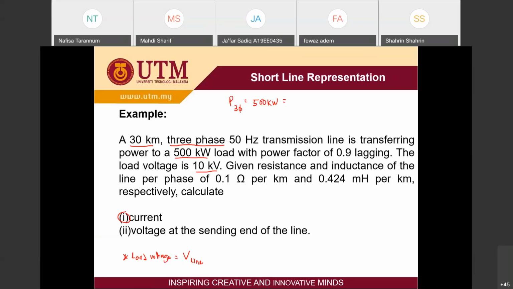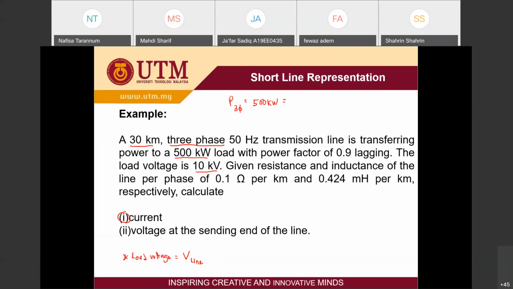Okay, and also for your information, what is the voltage at your socket? For example, from your home socket, which is 240 volt RMS. Is it a V phase or V line? 240 volt RMS from your socket.